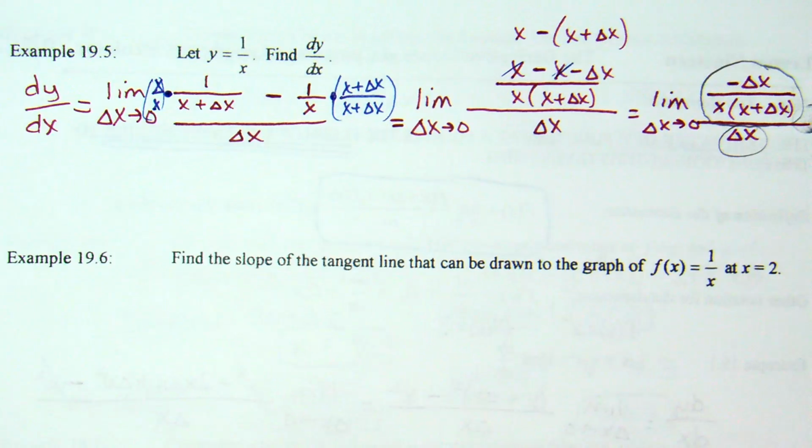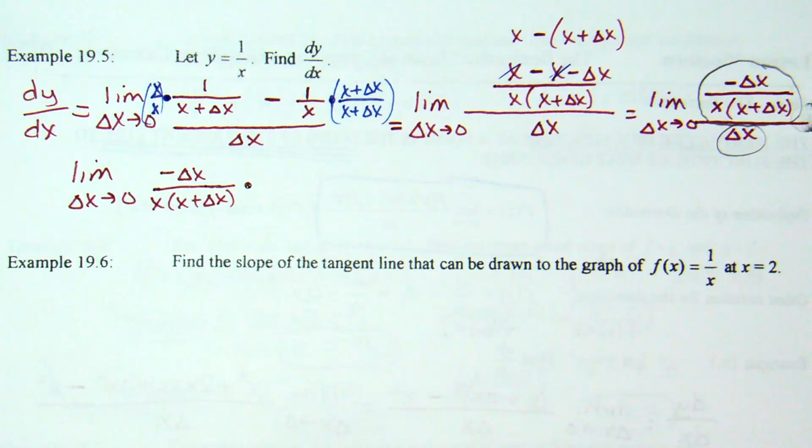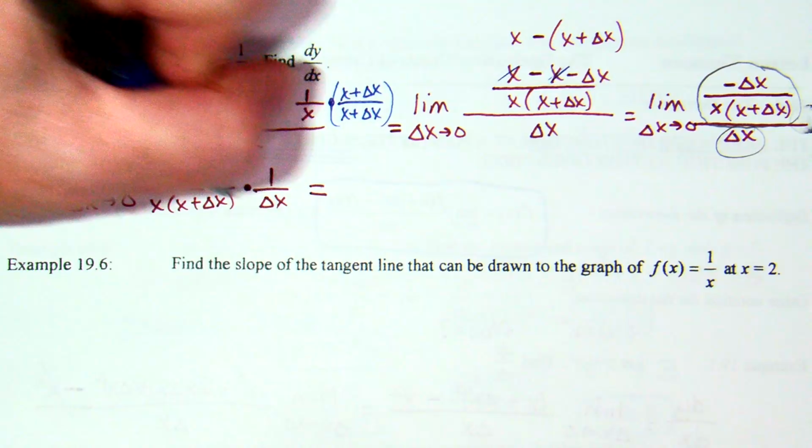Limit as delta x approaches 0 of, I'm going to keep my top fraction, so negative delta x over x times x plus delta x. Normally it's divided by delta x, so instead of dividing by delta x, I can multiply by 1 over delta x, because we're multiplying by the reciprocal. And what is the lovely thing that's happening there? Delta x cancels.